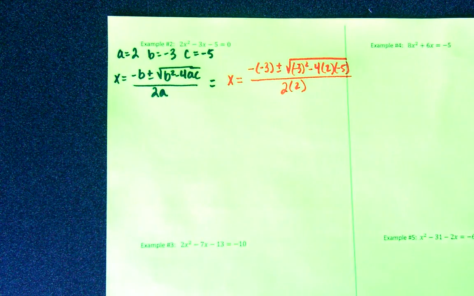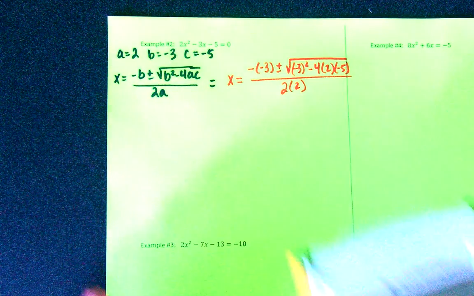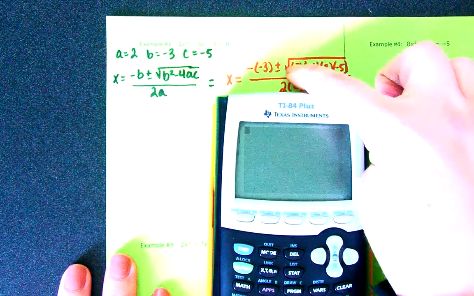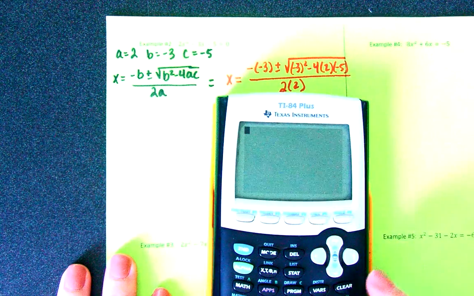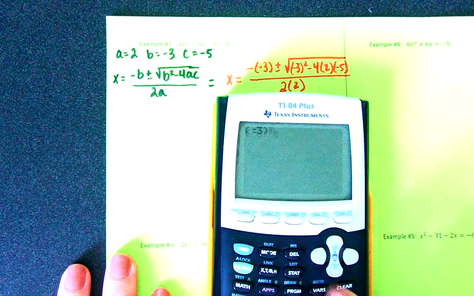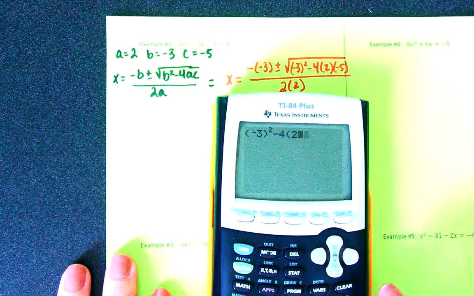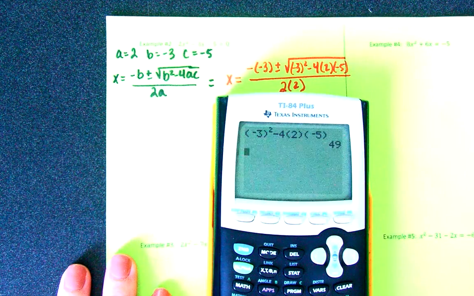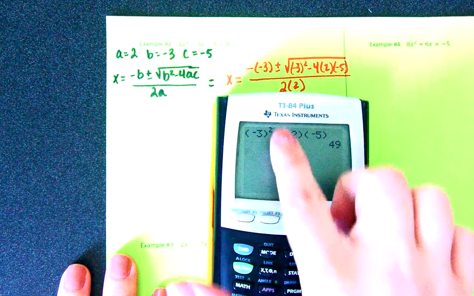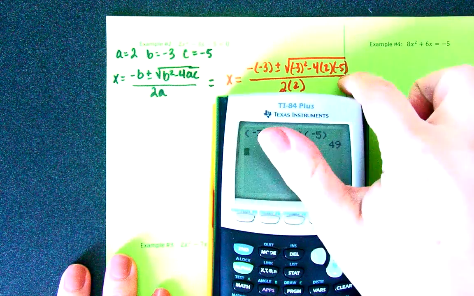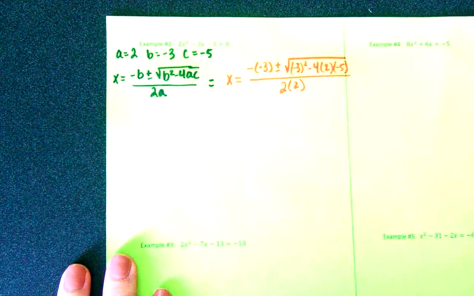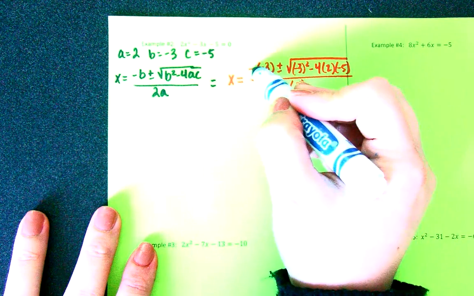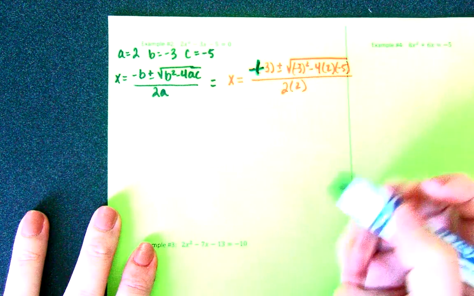Now we've got to take care of what's underneath the square root. So we take our calculator and we plug in exactly what is underneath here. So you have negative 3 squared minus 4 times your A times your C. And you get 49. Notice again, this is the exact same. So you rewrite it again. Let's take care of this first. Negative times a negative turns to a positive.